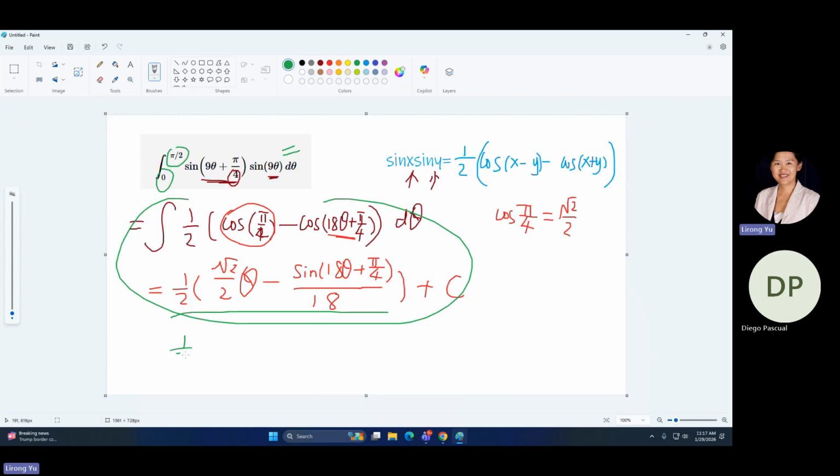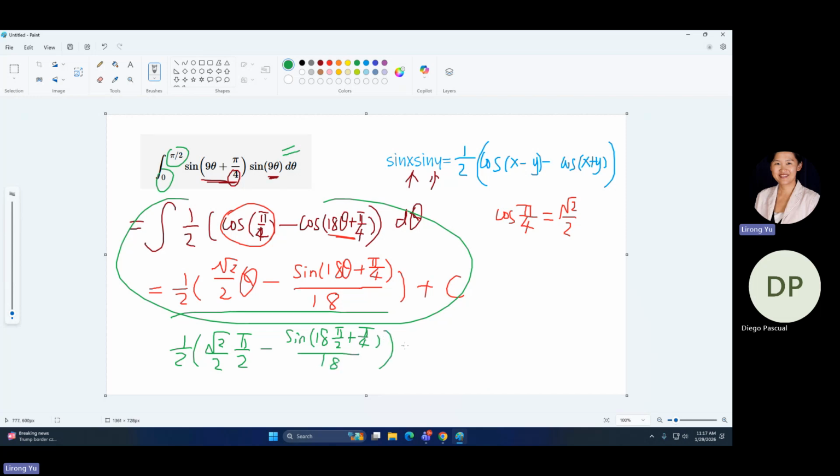It will be 1/2, root 2 over 2 times pi over 2, and then minus sine of 18 theta, 18 times pi over 2. That's really 9 pi plus pi over 4, and this is over 18.